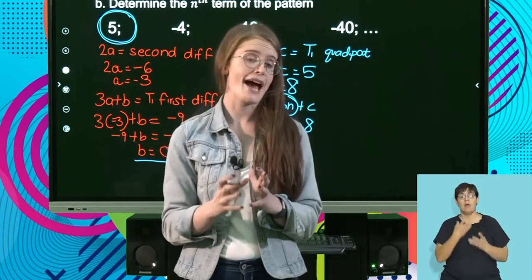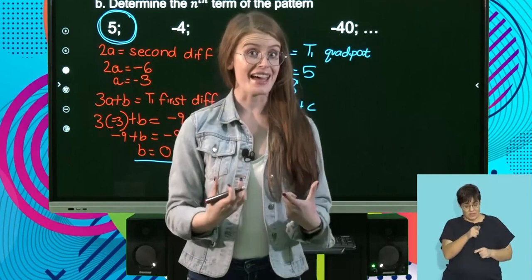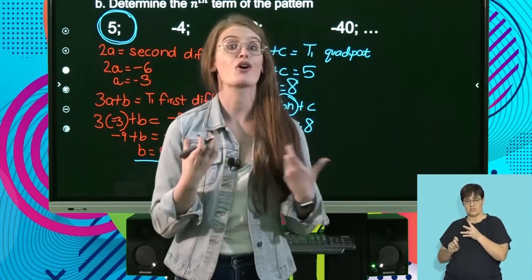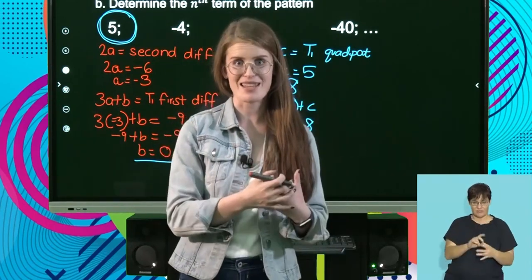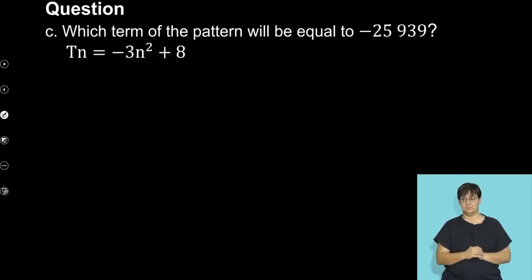Now that we actually have the nth term of the pattern, I can use that to solve questions regarding this quadratic pattern. Let's look at C. So we've now been asked which term of this pattern will be equal to negative 25,939.